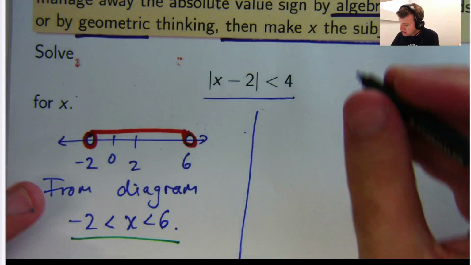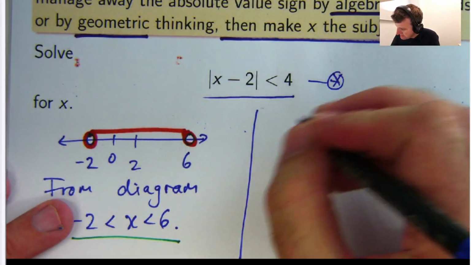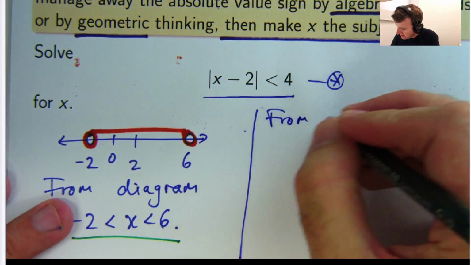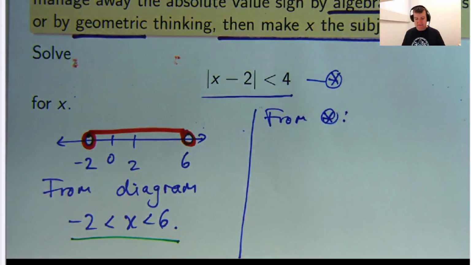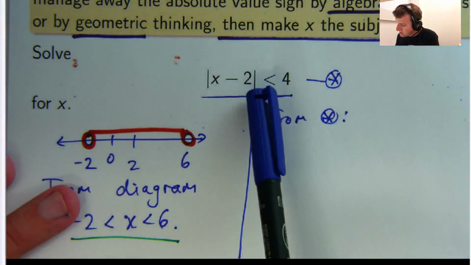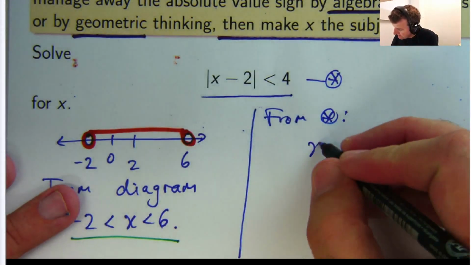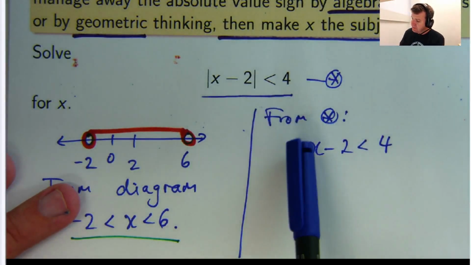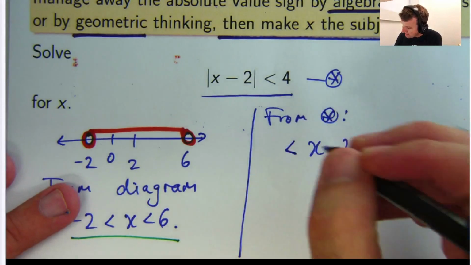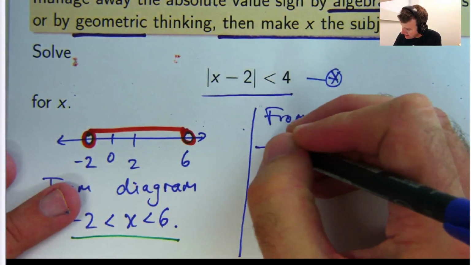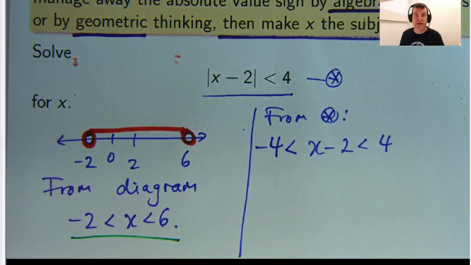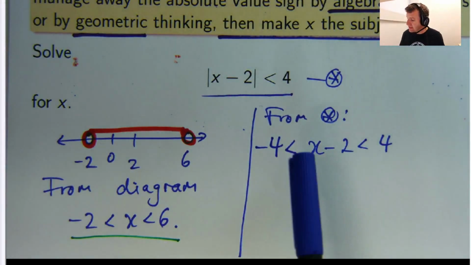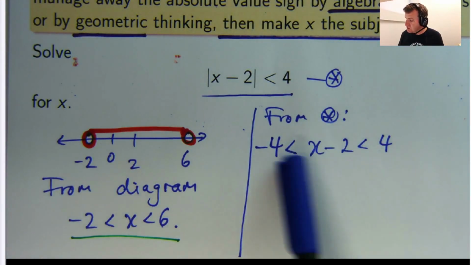From inequality star, what I'm going to do is remove the absolute values and write the inequality. And then I'm going to put another inequality on the left-hand side and change the sign of the 4 to a -4. So what I've got here is two inequalities that are combined.